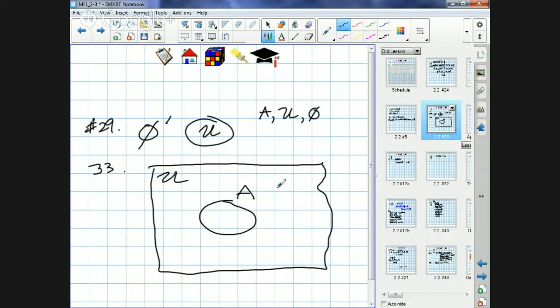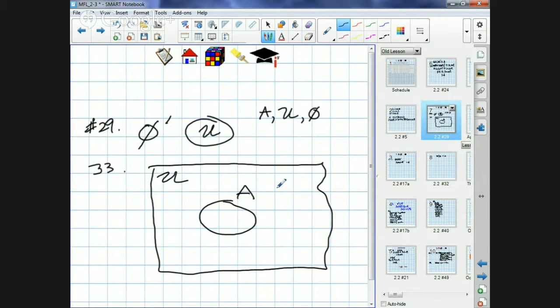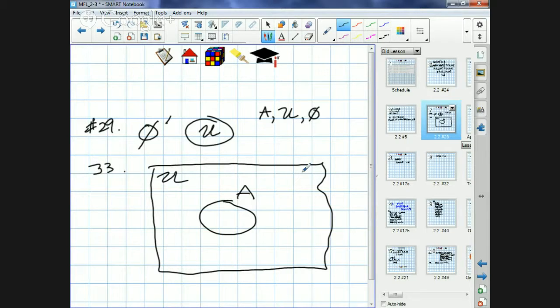Since you're doing an intersection, where does the universal set overlap set A? At A. Exactly. That's the answer. I think I'm just overthinking these. Yeah, where do they overlap?